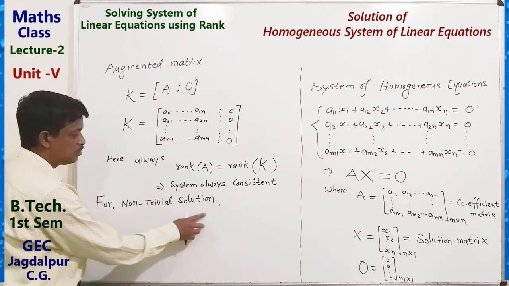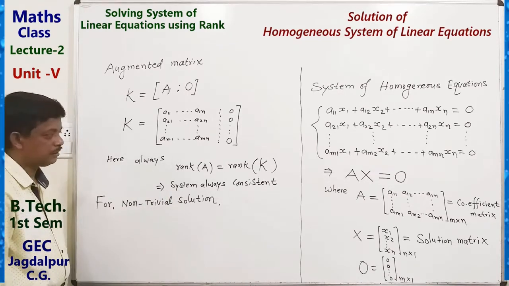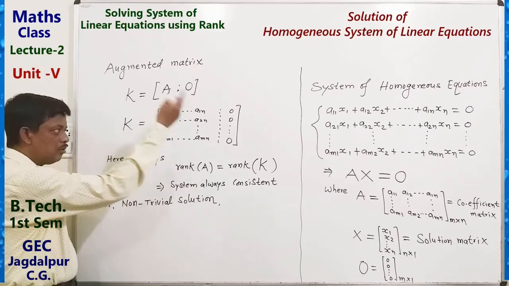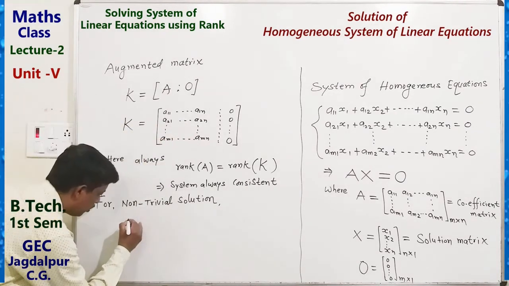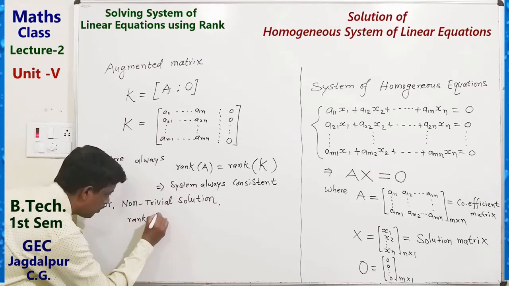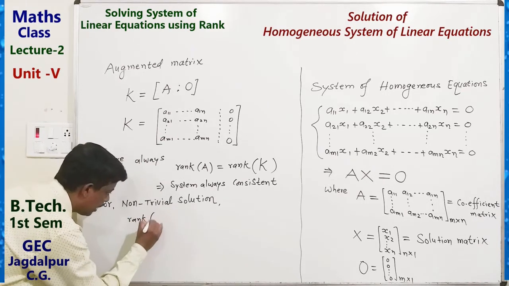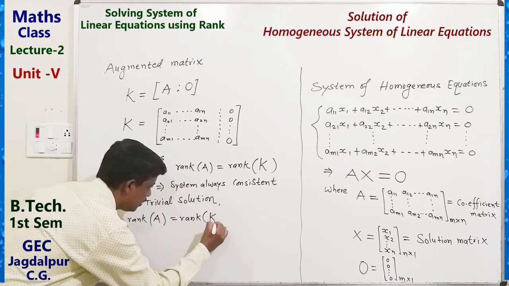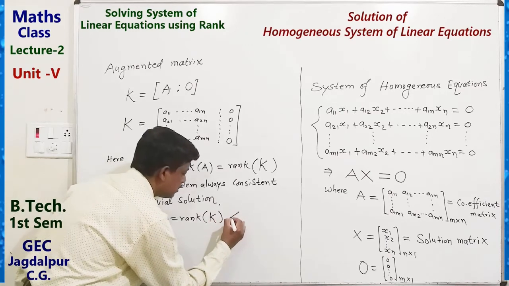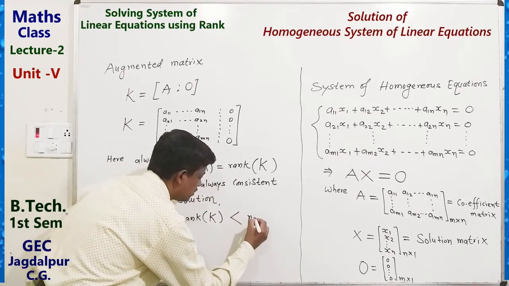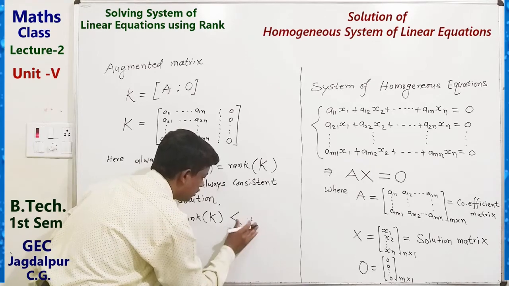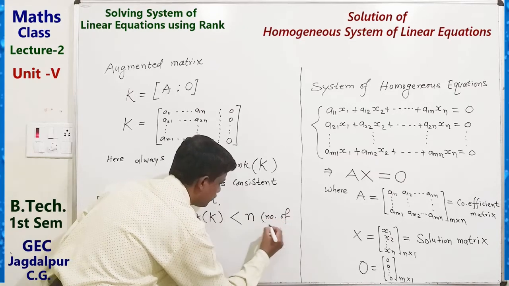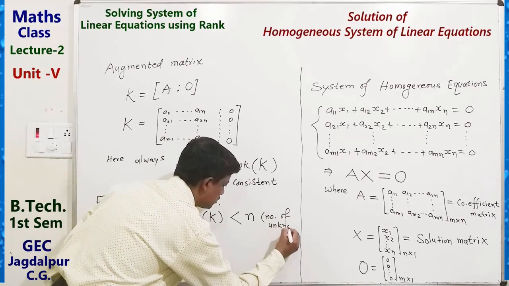So for a non-trivial solution, rank A equals rank K is less than n, the number of unknowns.